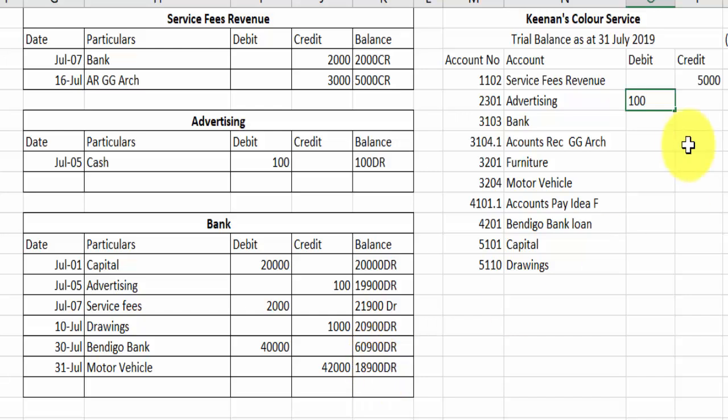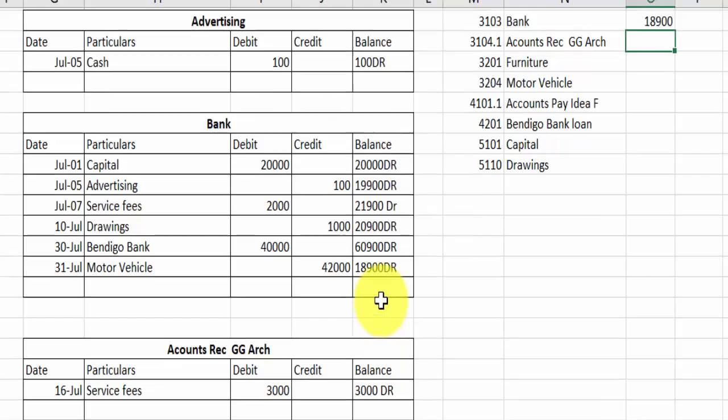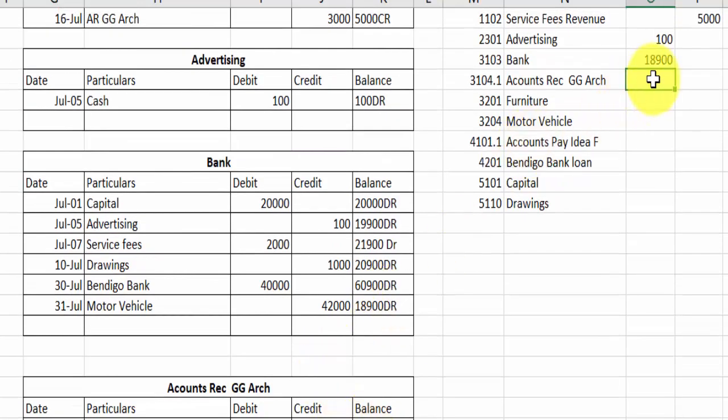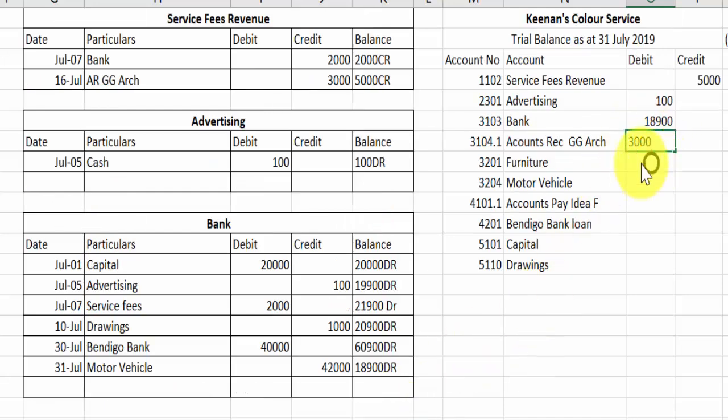So the bank account was $18,900, but it wasn't a debit, so you've got to be very careful when you do this that you put it on the correct side. Accounts receivable, you can see it's a $3,000 debit, and so on. So it's just a matter of transferring all of these accounts to your trial balance like I'm doing. I'm just going to stop and complete it and come back to you in a tick.